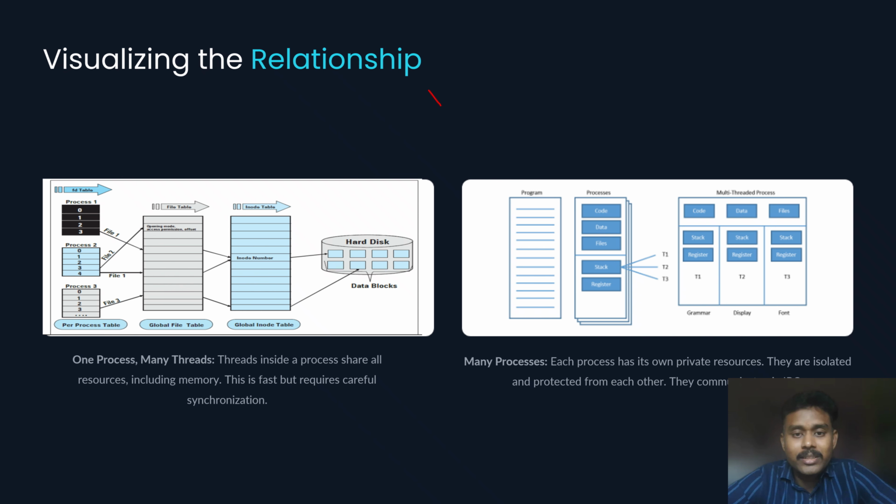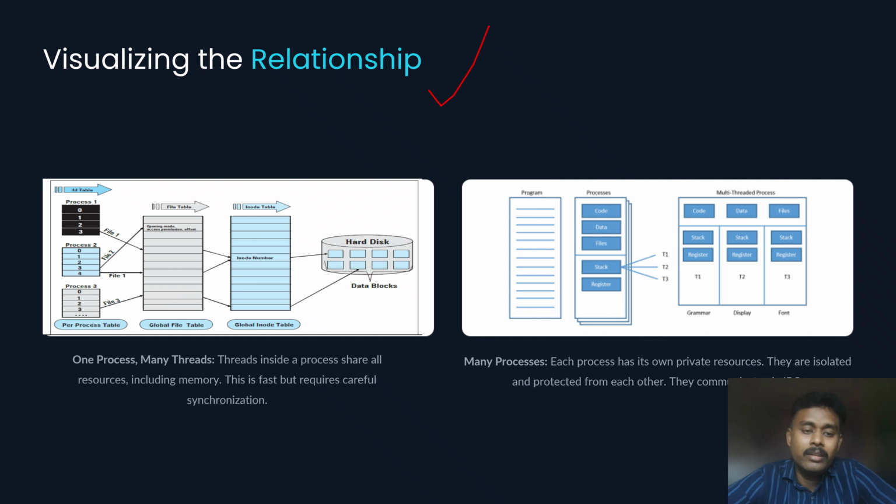For visualization, in the case of threads, in a process many threads will be there, as I said earlier, which share all the resources, including memory. This is fast, but it requires very careful synchronization.